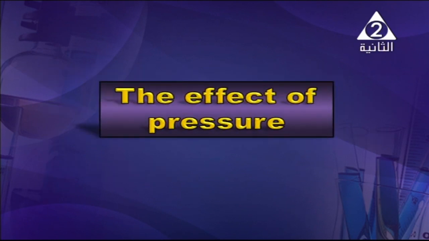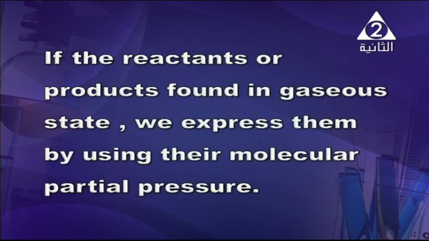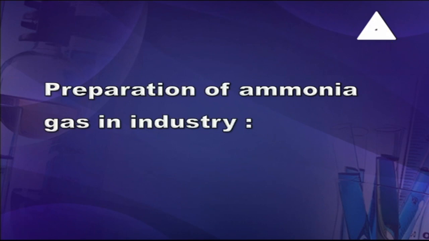Now we are going to discuss the effect of pressure. If the reactants or products are in the gaseous state, we express them using their molecular partial pressure. For example, the preparation of ammonia gas in industry.